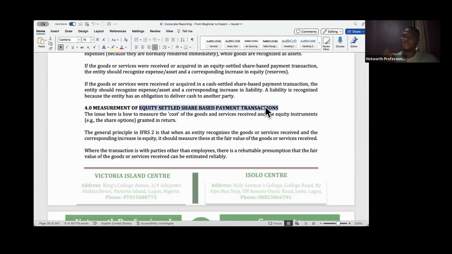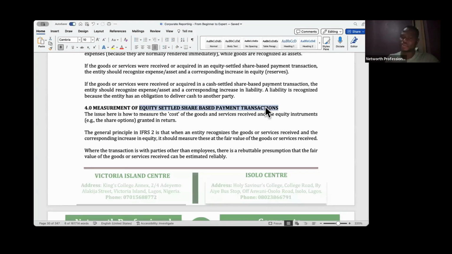So the value of the goods can be easily determinable. That is why the standard said that when it's a transaction with a supplier, simply debit the goods or services, that is, asset or expense, with the value of the goods, and you credit the equity reserve with the value of the goods. And we looked at an example last week.